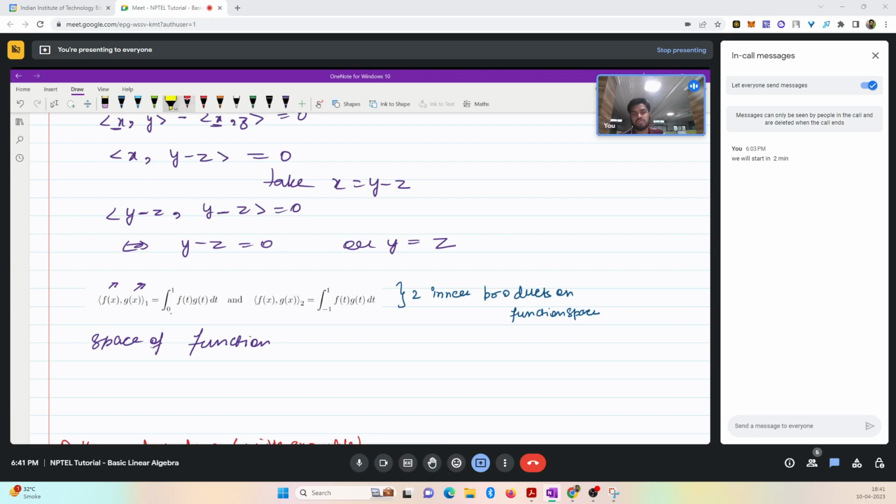This you can show, or you can use, whenever you have to, as a valid inner product. Similarly, if you take integration from -1 to 1, you get another inner product on functions. These are two inner product spaces that I just wanted to mention, and you can use them in your applications.